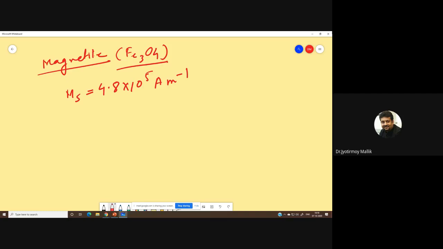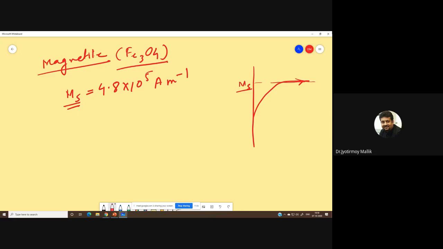What is MS? MS is saturation magnetization. You remember? It is where it gets saturated in the hysteresis curve. So this saturation magnetization is what we had called MS, and that will be fixed for a particular mineral.